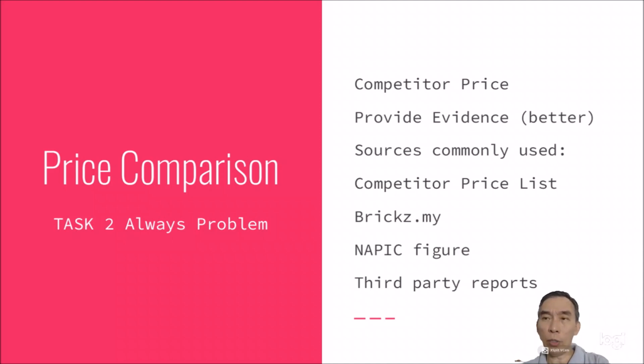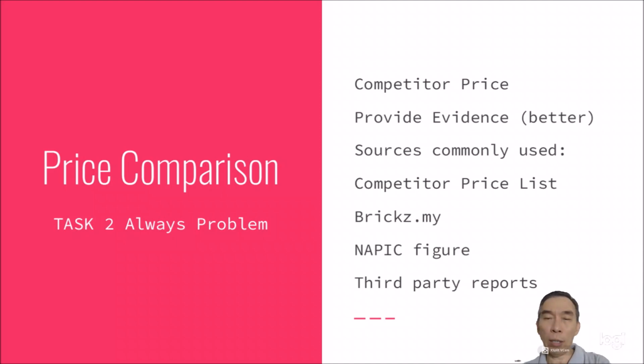So most of us, when we pick it up from NAPIC or Bricks.my, this figure is actually a subset. In fact, it's not the total population of the units of the launched competitor project. It is actually the transacted price of a few of the units in that time frame. And sometimes this time frame comparison may also cause trouble.